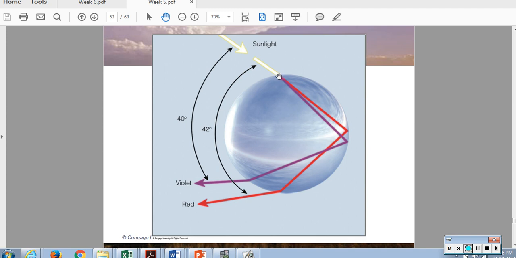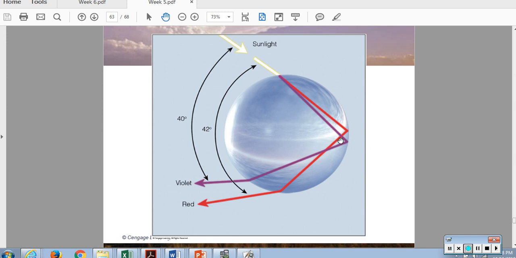You can imagine if this droplet wasn't here, then it would go off in a straight line, and that's where it would be over here. The red light appears to bend less. The purple light appears to bend more. So you would say that the purple light's been refracted more than the red light.